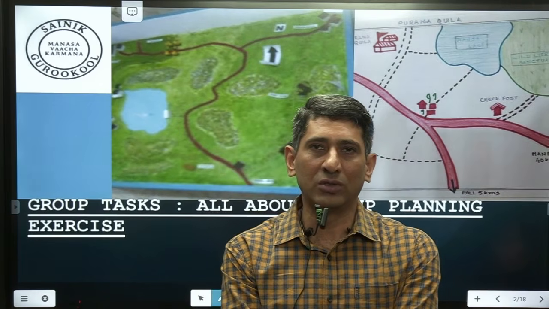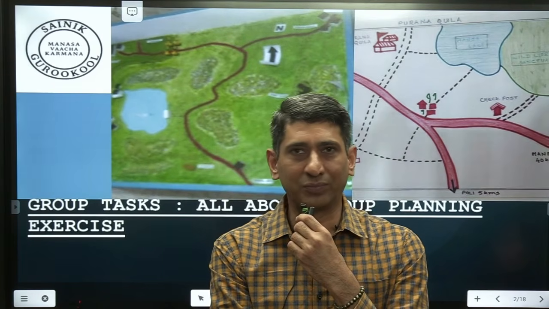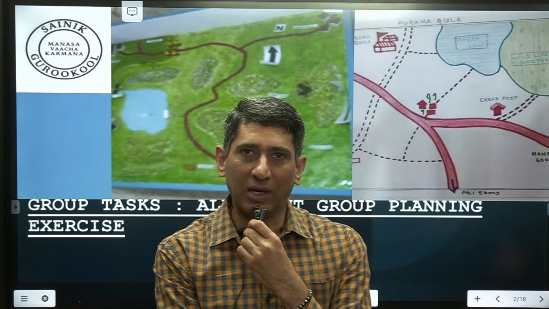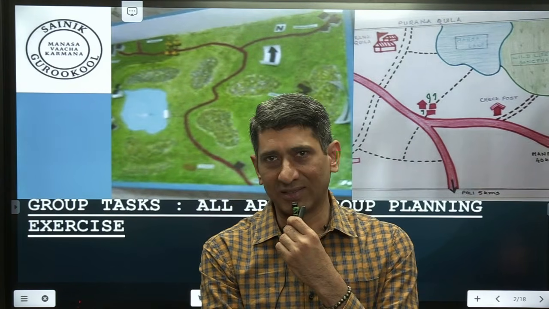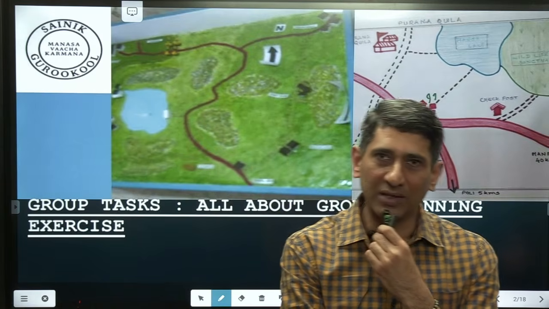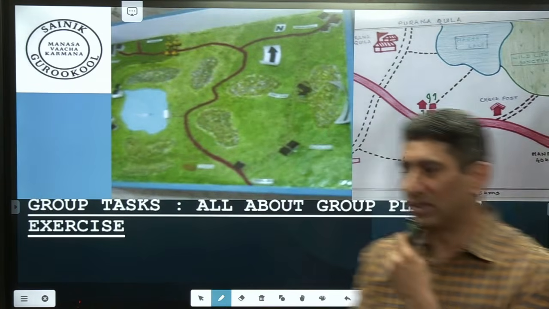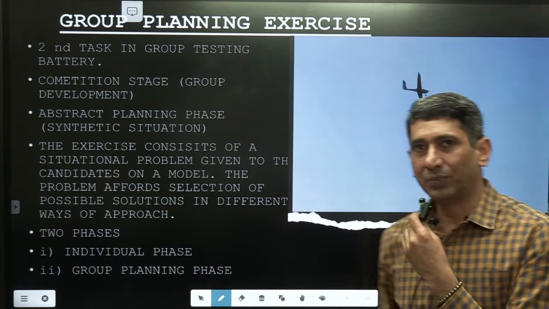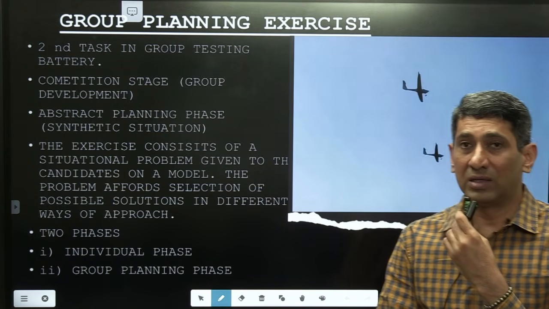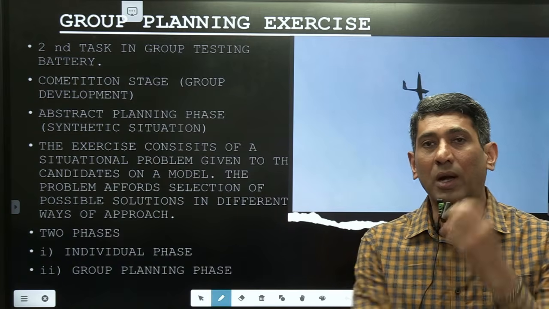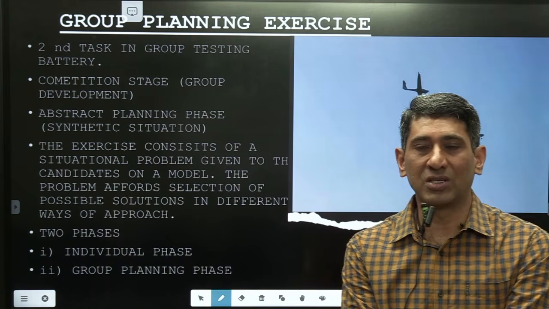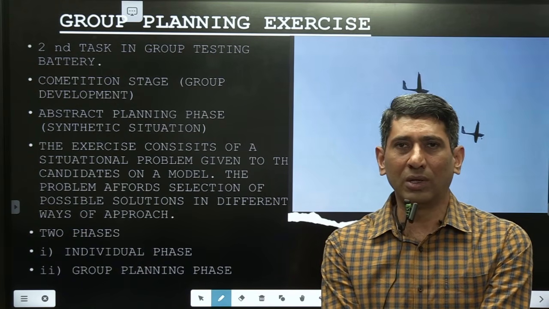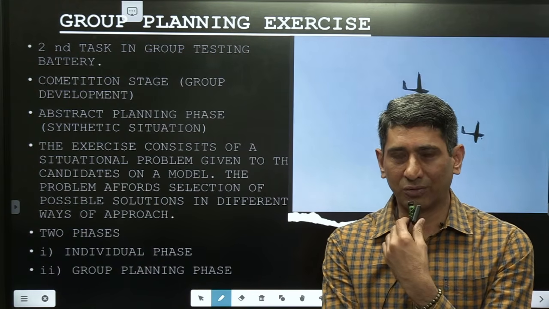In today's video, which is part of the series of videos regarding the group testing battery, today we will deal with the group planning exercise. Group planning exercise is the second task of the group testing battery, and it happens to be part of the competition stage of the group development principle which the theory talks of.